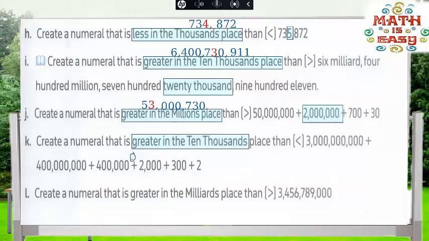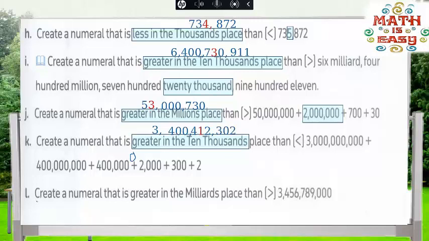In the 10,000th place we have 0. So here he wants you to write a number greater than 0, more than 0. What after 0? We have 1 after 0. So you should type all digits, but in the 10,000th place, instead of 0 you should put 1, like this. 3, 4, 4, and in the 10,000th place you should put 1 instead of this 0, 2,000, and 302.